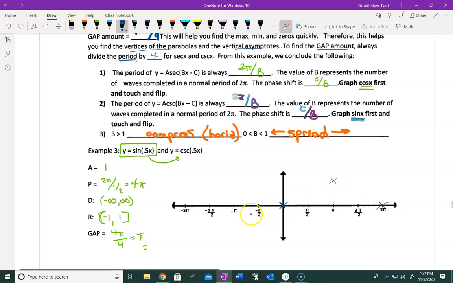We could back the same concept up and get the 1 down for negative pi, and then it crosses at those particular spots. Now, again, a nice little thing to do here is to put in a dotted line for your parent graph, which is the sine wave.